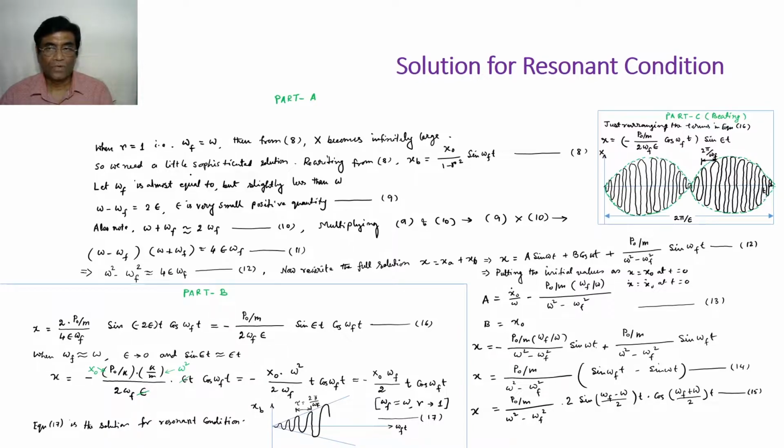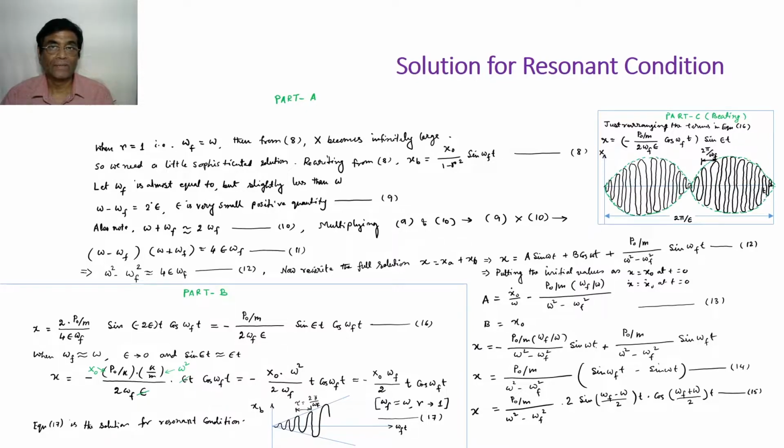We are rewriting this. Now let omega f be almost equal but slightly less than omega. So this is my assumption, so that it will be positive definite. So omega minus omega f equals 2 epsilon.